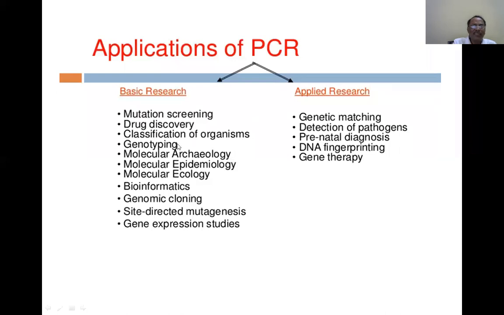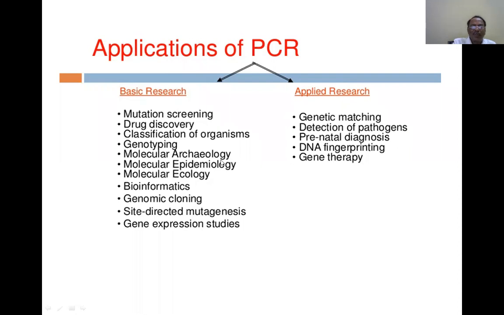Genotyping needs PCR. Then molecular archaeologists: suppose we have some fossils, and we want to know the age of the fossil, and whether it is really an organism of old times. To know about it, PCR is being used.